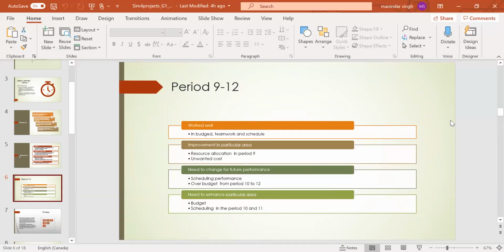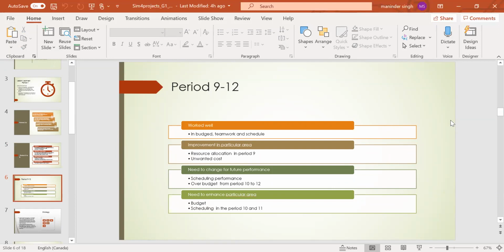But in period 9, there was some cost which needed to be reduced. To tackle that, we reduced over-allocation of the resources.